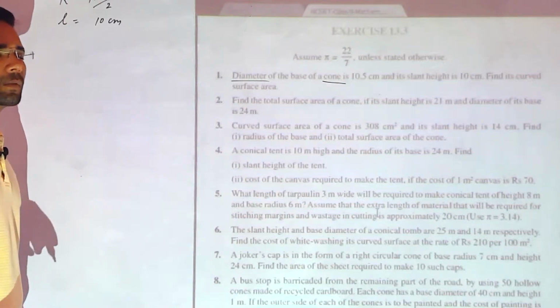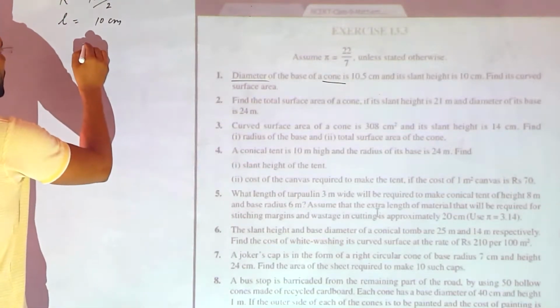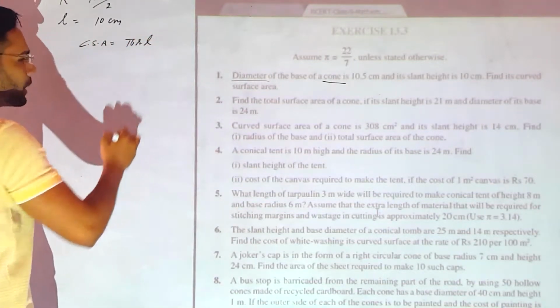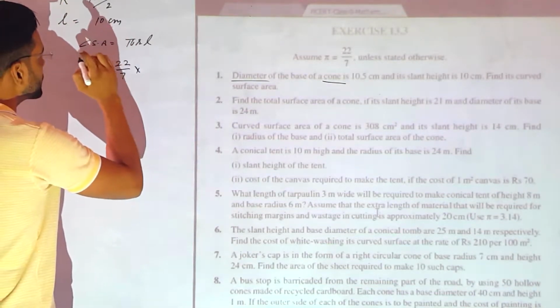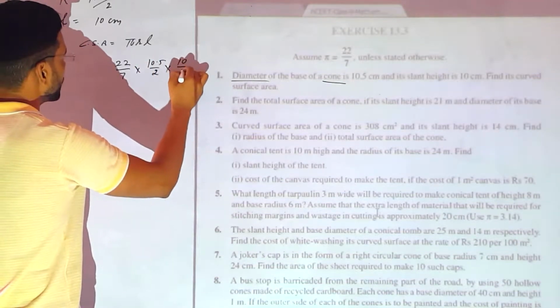Curved surface area of a cone is pi r L. CSA is pi r L. Now pi is equal to 22/7, r is equals to 10.5 upon 2 and L is equals to 10 upon 1.